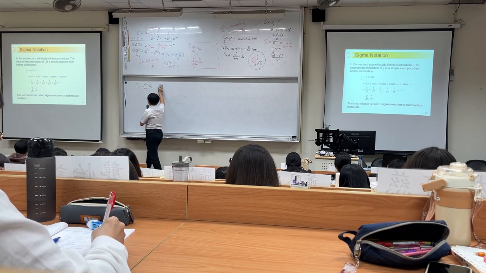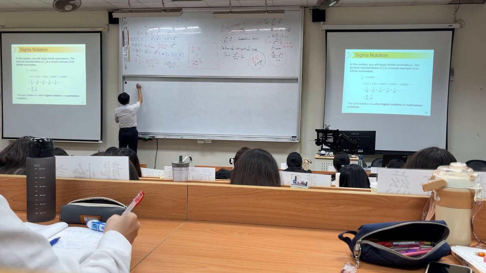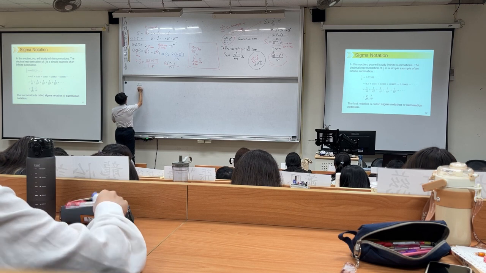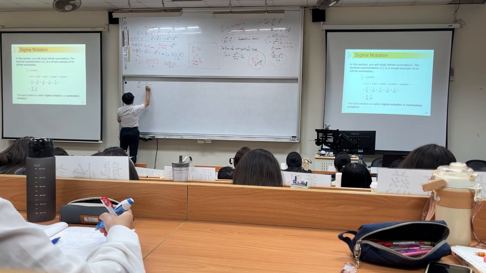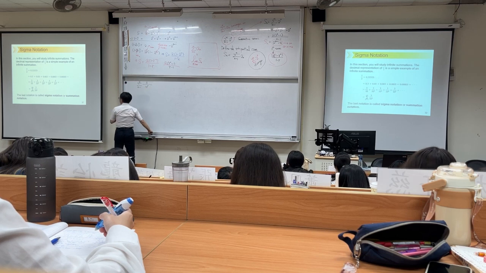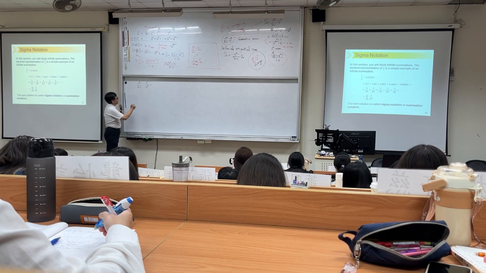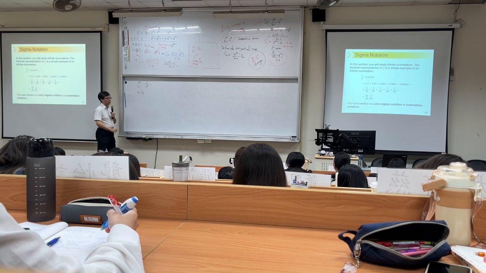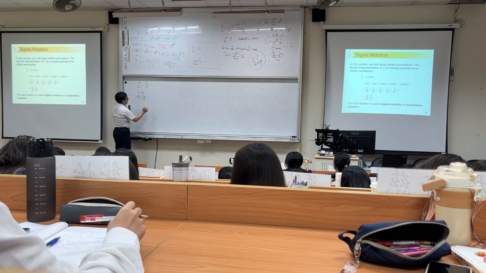We can do it in the opposite order. So let's look at the summation from 1 to infinity of 3 over 10 to the n. What's the ratio here? r is 1/10. Your first term is 3 over 10.